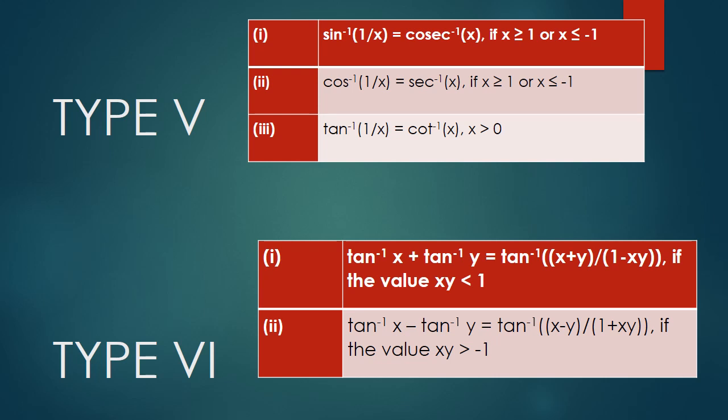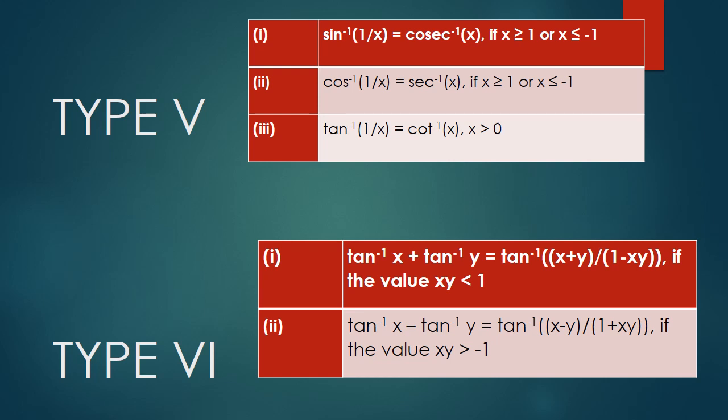Then the sixth type of formulas: tan inverse x plus tan inverse y will be equal to tan inverse of (x plus y) upon (1 minus xy), where the product of x and y should be less than 1.